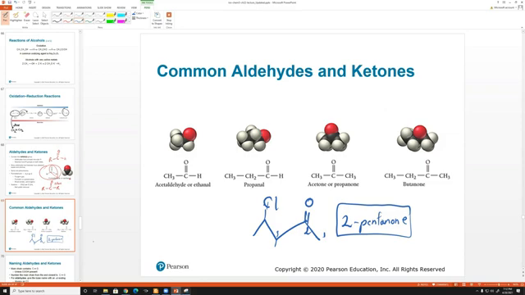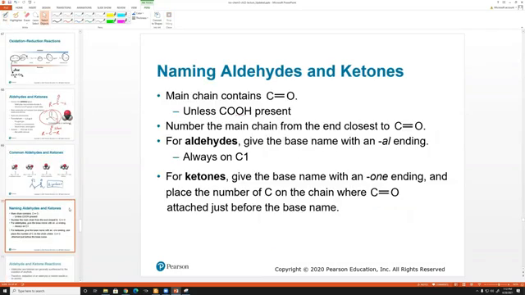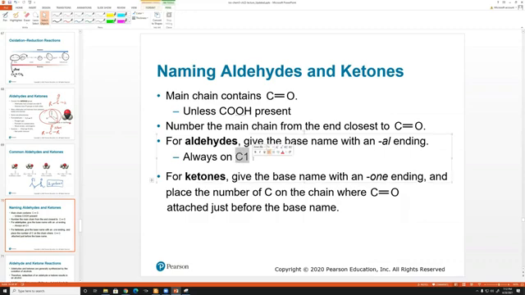So the most important thing for naming organics is finding the root word and then building your structure from there by the substituents. All right, so here we go, naming the aldehydes and ketones. For aldehydes, give the base name with an AL ending, always on the first carbon, because the aldehyde portion of the compound always occurs on the end.